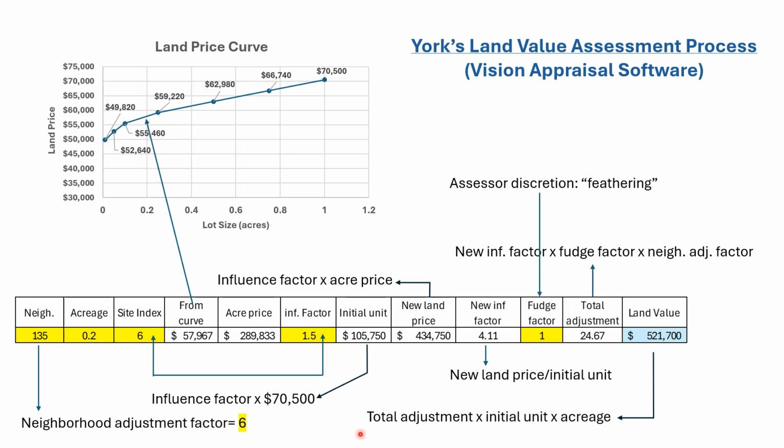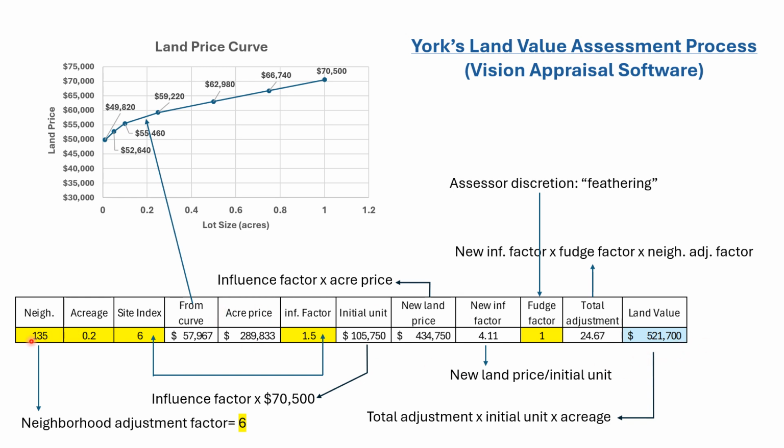Last time I described York's land value assessment process and how vision appraisal software calculates the land value of all residential properties. I reproduced this calculation using Excel. An initial land price is obtained from the curve at the corresponding acreage, and then several multipliers dependent on neighborhood and site index are applied, and then out pops the land value.